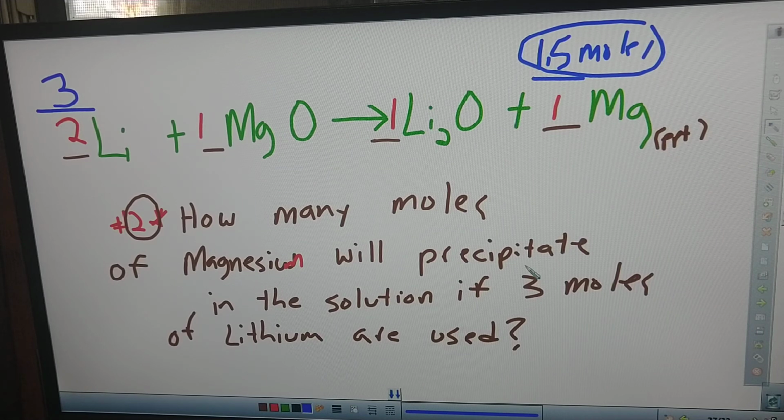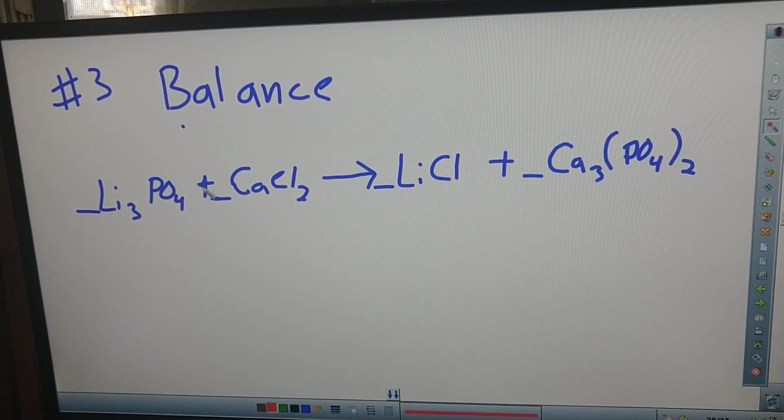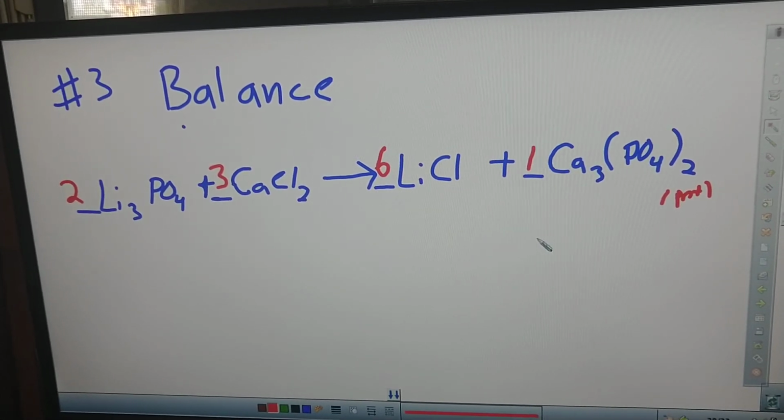Let's try another problem. Number 3, balance this equation. Lithium phosphate plus calcium chloride yield lithium chloride and calcium phosphate. And this will be your precipitate right here. Okay. So number 3 is balance this. The balance of this problem is 2, 3, 6, 1.